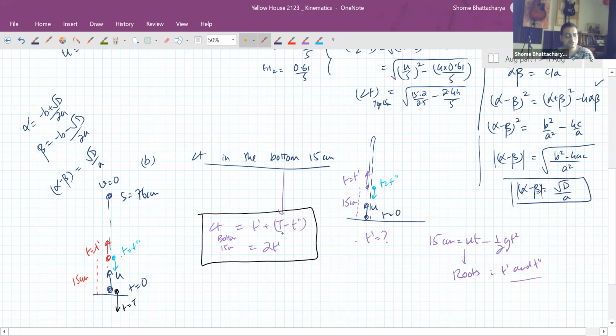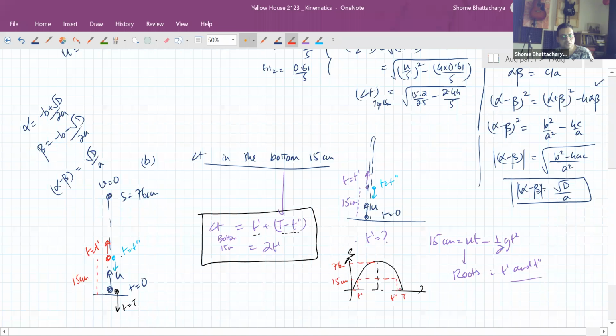Now again from symmetry, you know that this interval of time will be equal to this interval, because your displacement versus time graph is like this. If this is 76 centimeters, then somewhere here this is 15 centimeters. So this time is your t prime, this time is your t double prime.